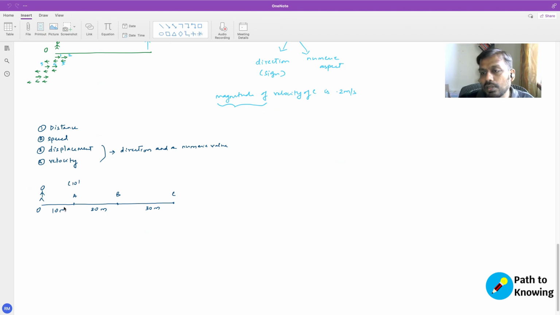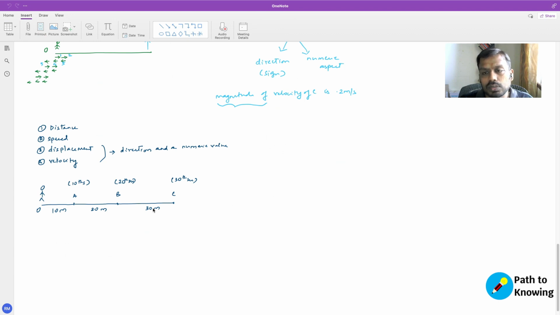Just to be clear, this person is walking along the straight line, and at the 10th second he has covered 10 meters, between 10 and 20 seconds he has covered 20 meters, and between 20 and 30 seconds he has covered 30 meters.